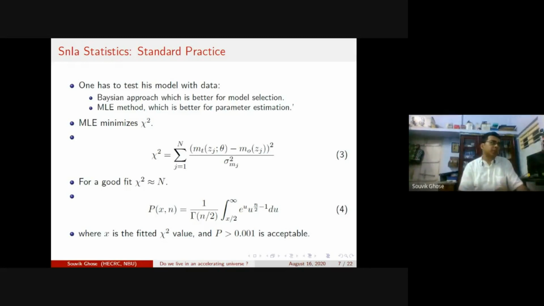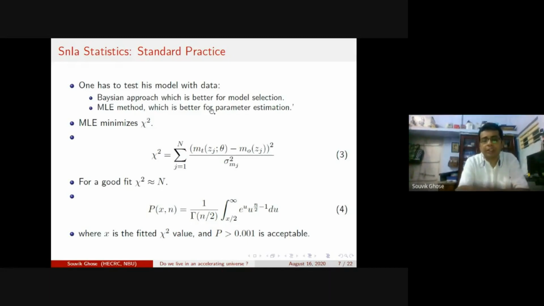Bayesians like to pose the problem in a slightly different way: they find out the relative fit of different models. Given a particular data set, which of these models will fit these data best? That's the Bayesian approach. For today's lecture, we'll concentrate more on the maximum likelihood estimate.